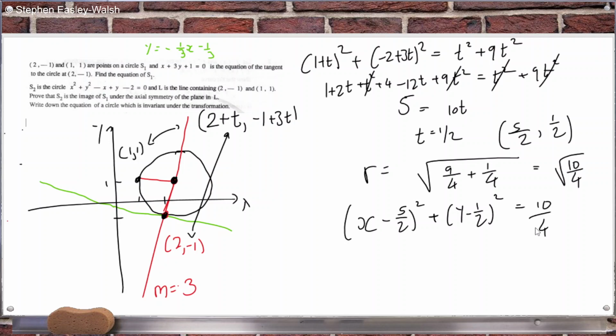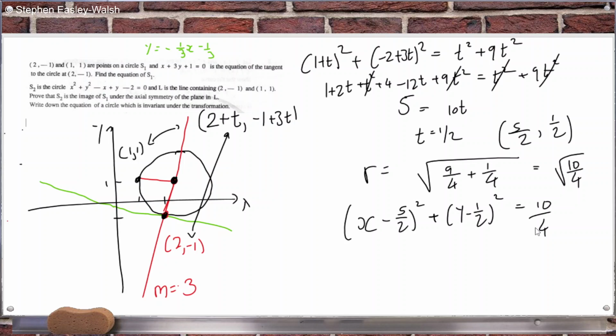Is there any way I can check this? Indeed there is. If I take out my calculator, I can make sure those 2 points that we know are on the circle work as we sub them in. So 1 minus 5/2 squared plus 1 minus a half squared, minus 10/4, I should get 0.